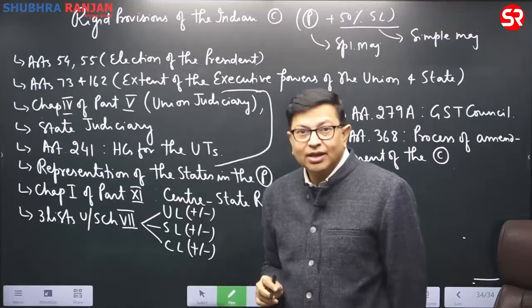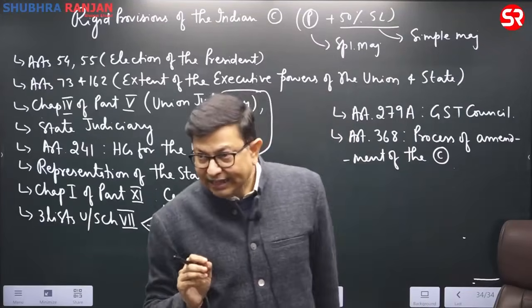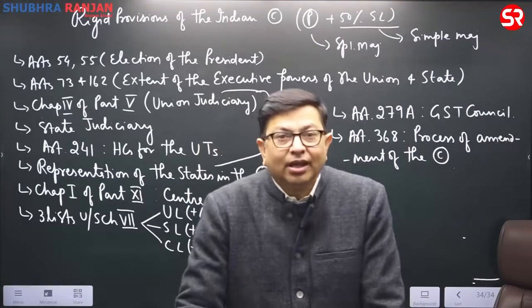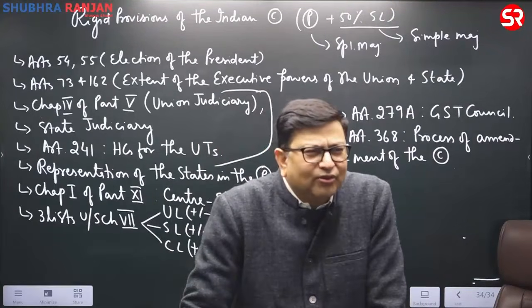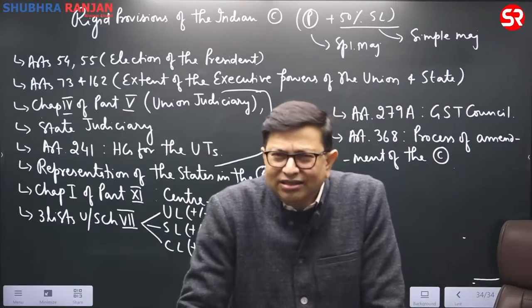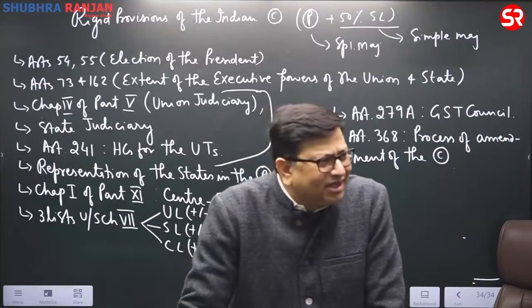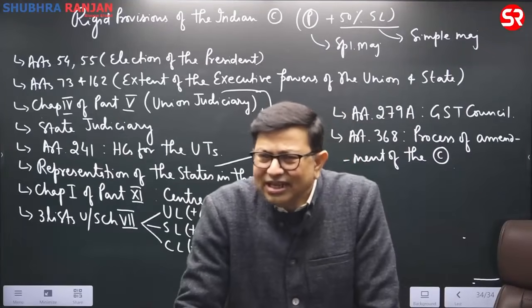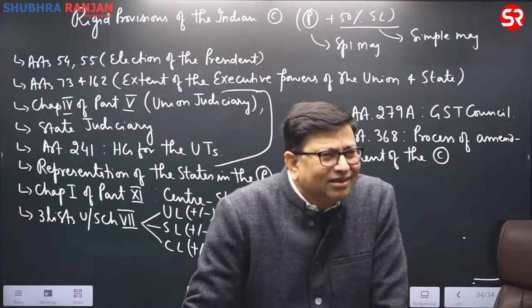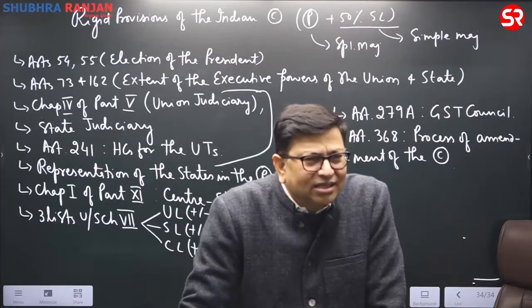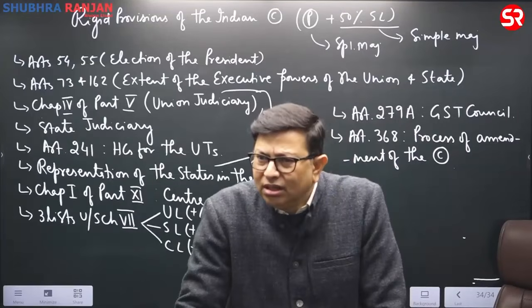Otherwise, the NDA or the Bharatiya Janata Party is getting the majority of votes from Gujarat, Madhya Pradesh, Chhattisgarh, Uttar Pradesh, but it is not getting seats in the southern states, Tamil Nadu, Kerala.